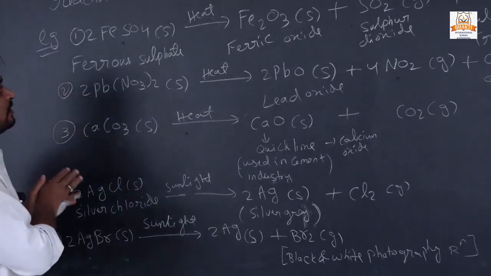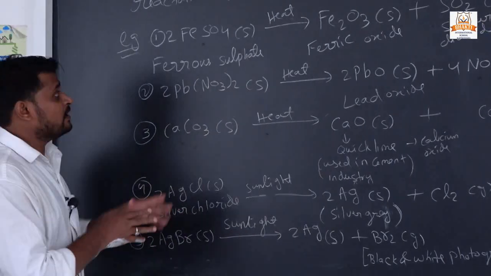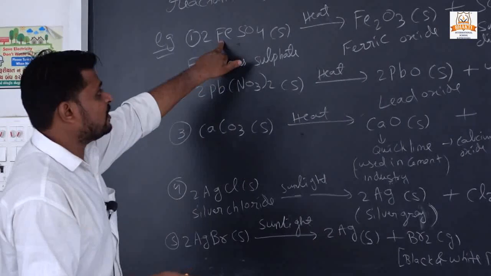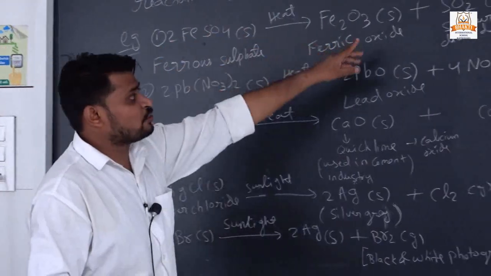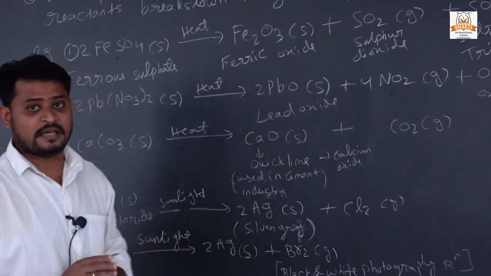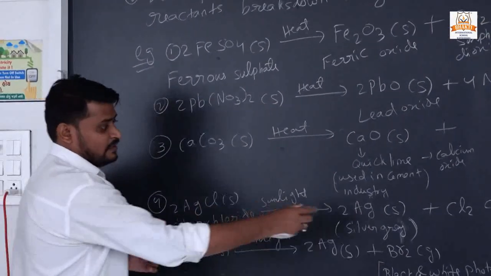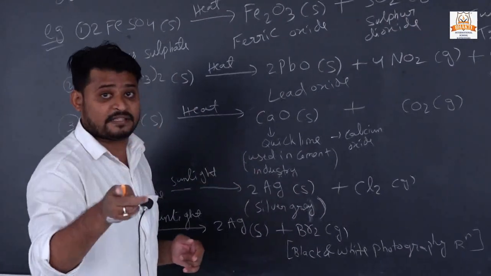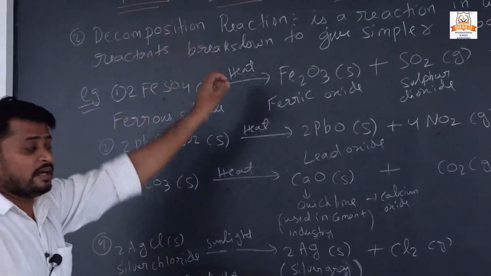What we see in all these examples is that the compound breaks down into simpler products. Here Fe2O3, SO2 and SO3 are separated. In this example Ag and Cl are both separated. Decomposition means separation, and that's why this reaction is called a decomposition reaction.